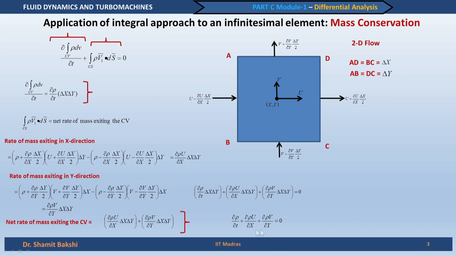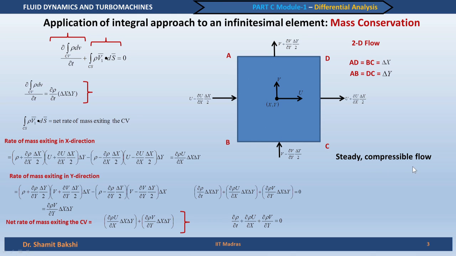So, this is our continuity equation, or the mass conservation equation, which is applicable for a 2 dimensional compressible and unsteady flow. It is 2D unsteady because the unsteady term is retained, 2 dimensional because only 2 dimensions are considered, and compressible because density has been considered as a variable quantity in this expression.